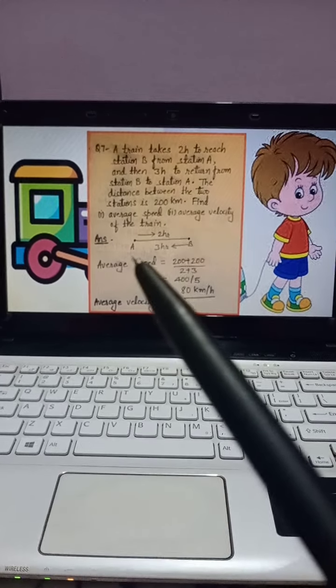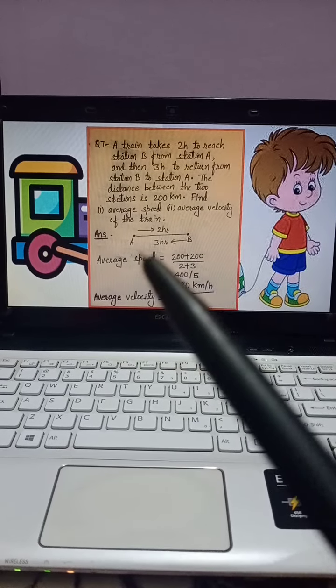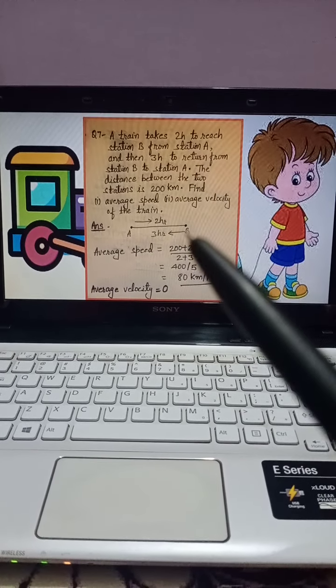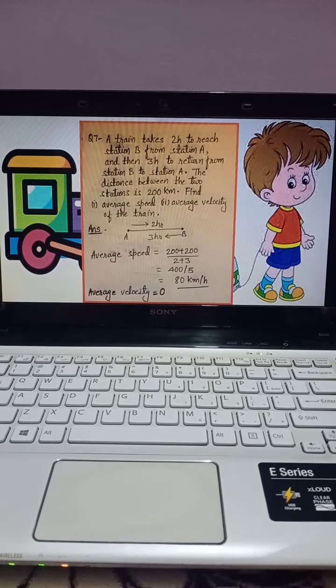So we are observing here station A and station B. So it takes 2 hours to go from A to B and 3 hours to return from B to A, and the distance between the two stations is 200 km.